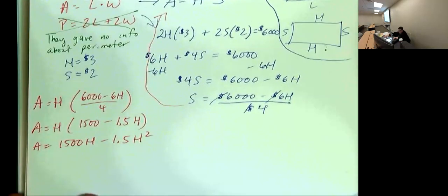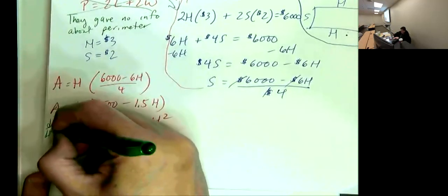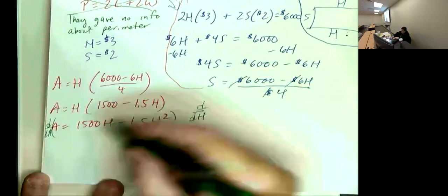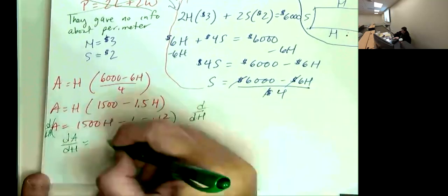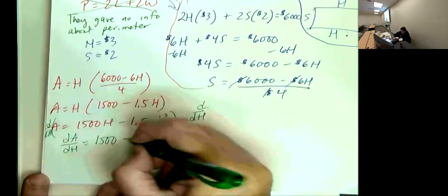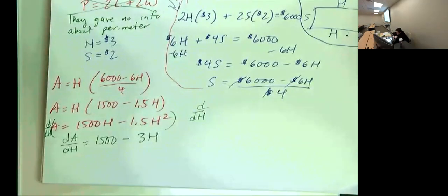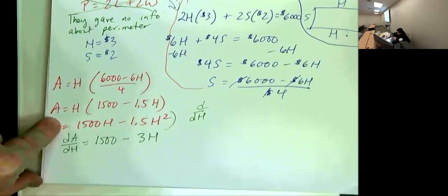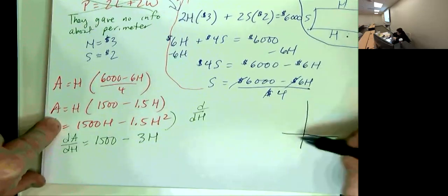So dA/dH. d/dH of both sides. We saw from looking at A right here, 1,500H minus 1.5H squared.